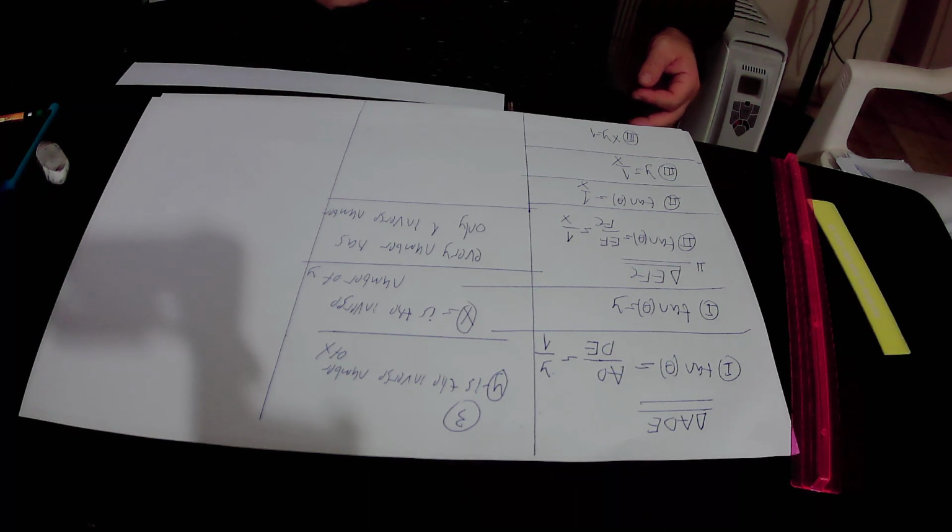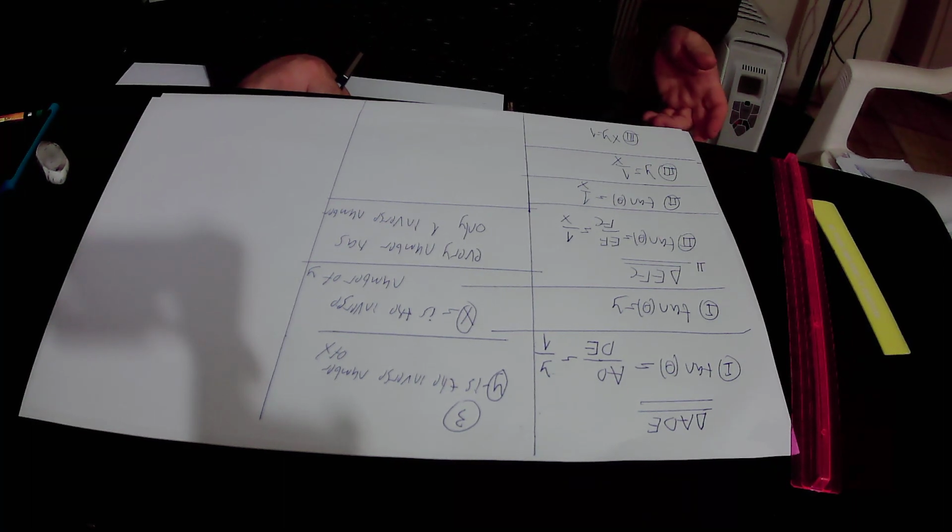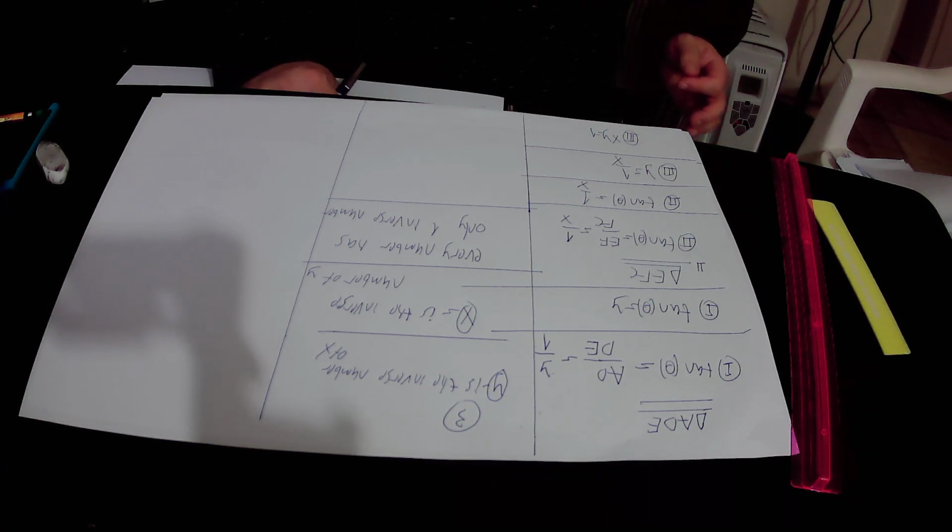Every number has only one inverse number, and when you multiply the number with its inverse number, you will always get 1. 5 times 1 over 5 will give us 1. Okay?